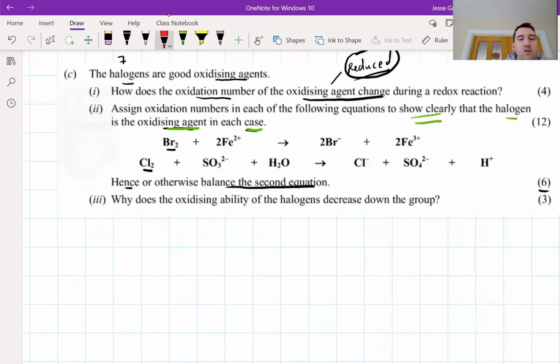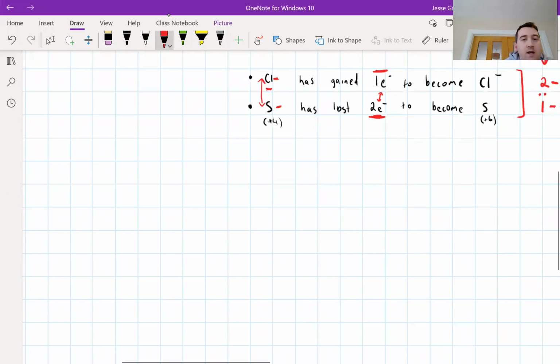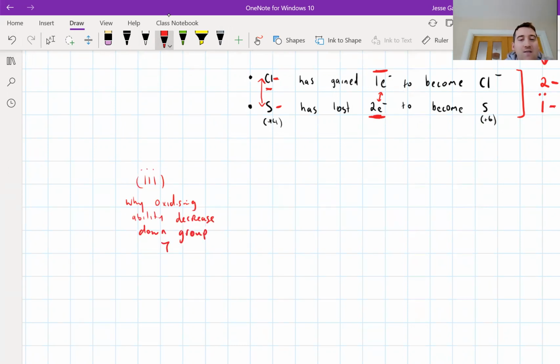It says, why does the oxidizing ability of the halogens decrease down the group? Okay, so this is part 3. So let's label it that. So part 1, 2, 3, and it's why does oxidizing ability decrease down group 7.